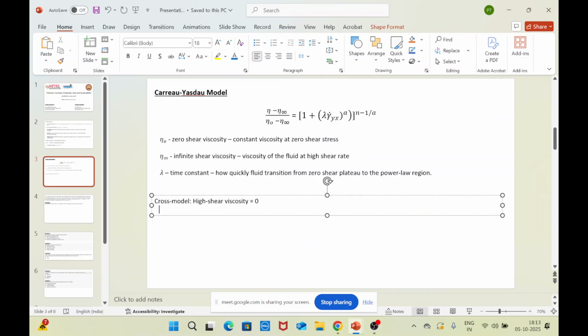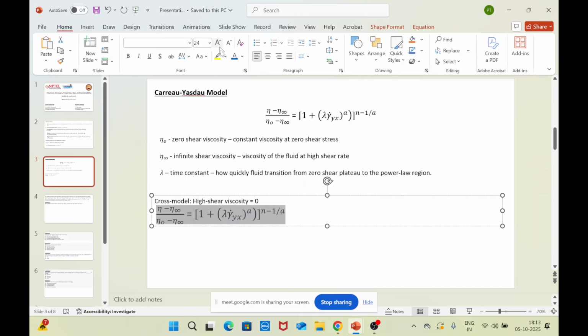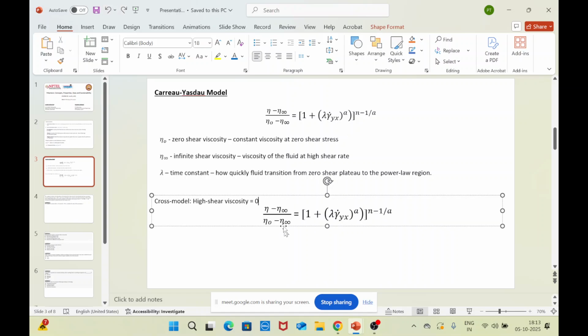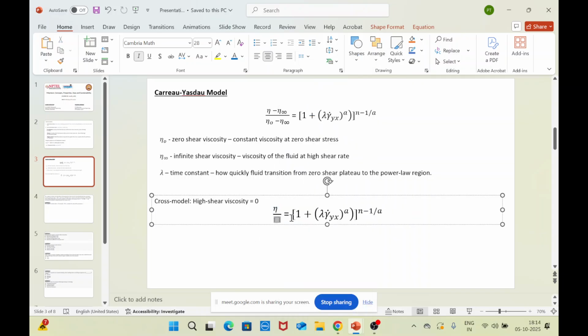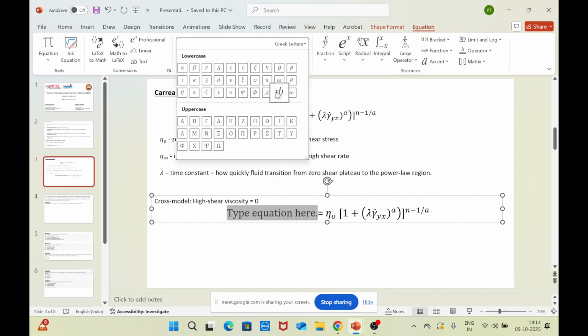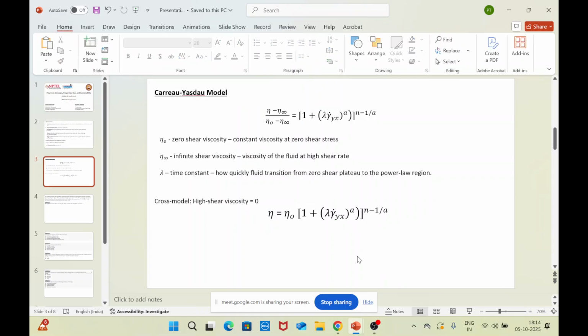It will be something like this. So this is the cross model.